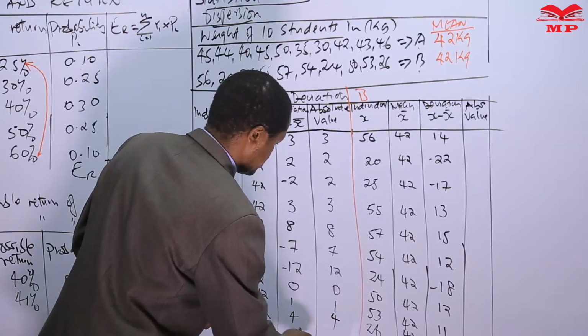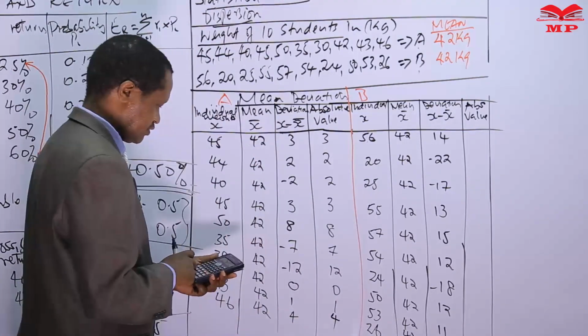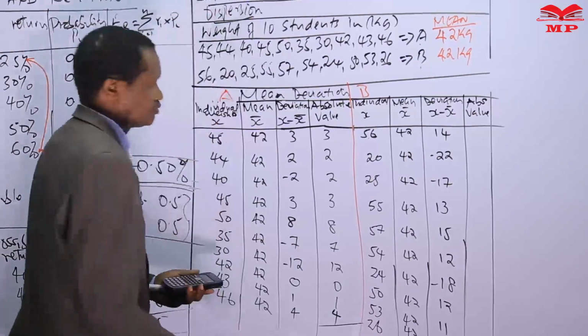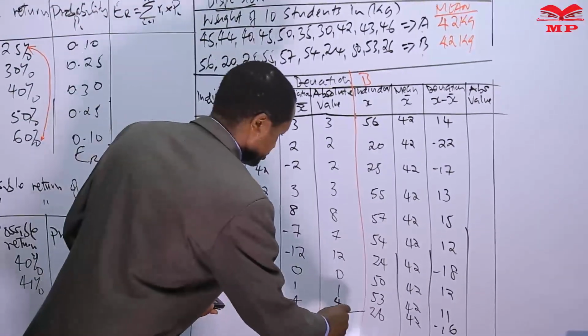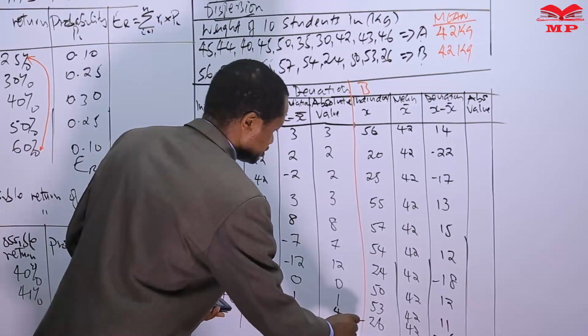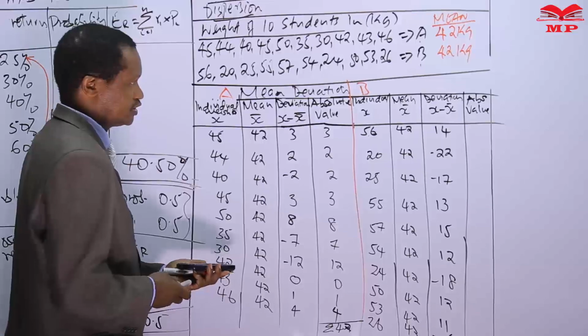It is 4 and not 1, plus 4. This is equal to 42. The sum of the absolute values of the deviations is 42.